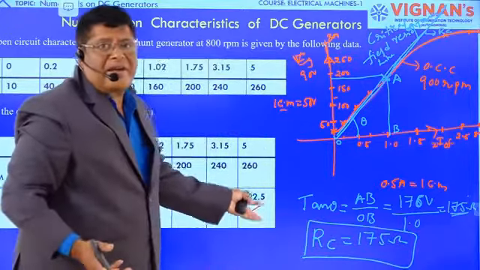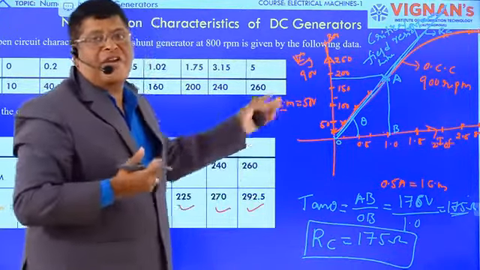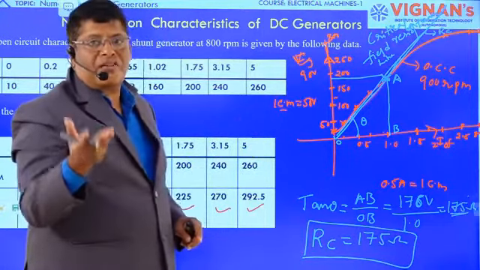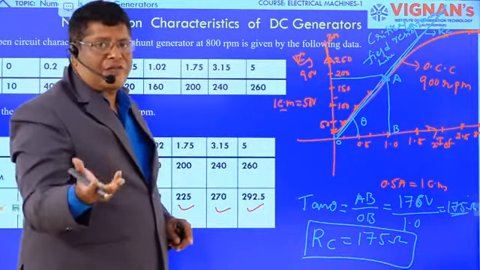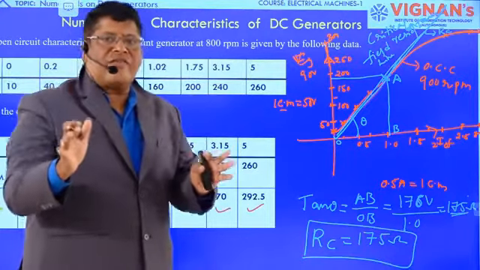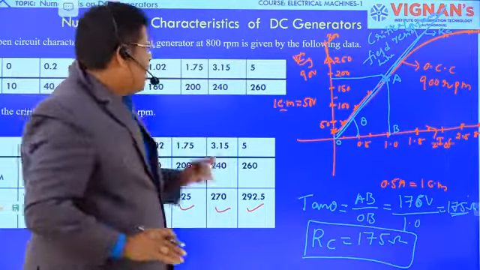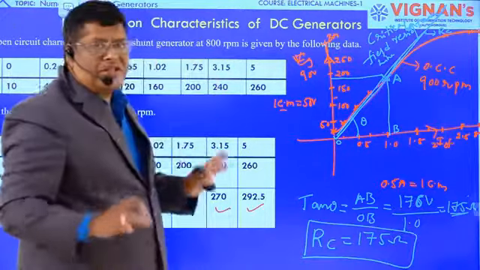This value may not be correct because I did not take an accurate graph here. But you should take a graph sheet, use the scale, and develop it to get the exact value of the critical field resistance of the generator at 900 RPM. This is the procedure.